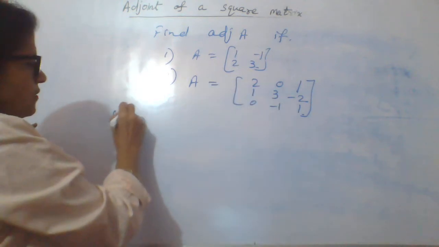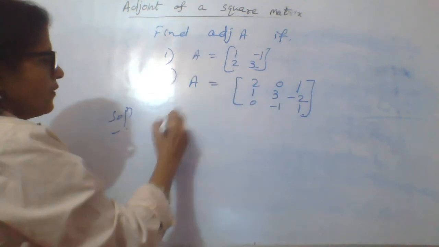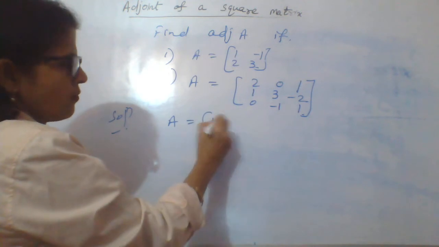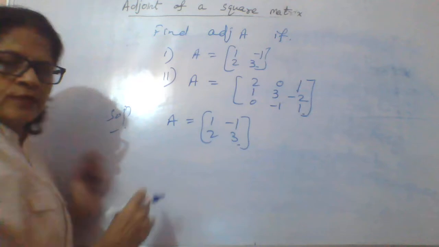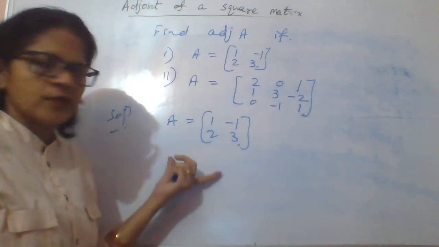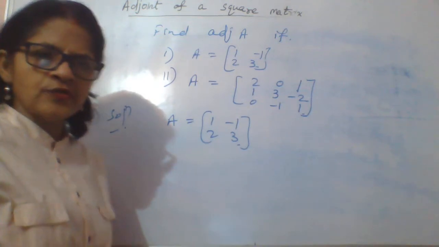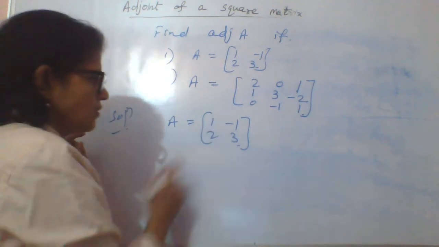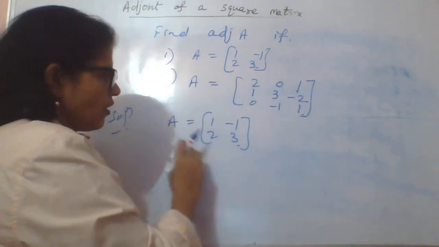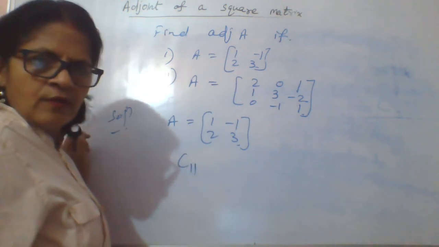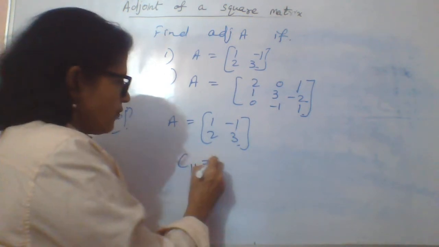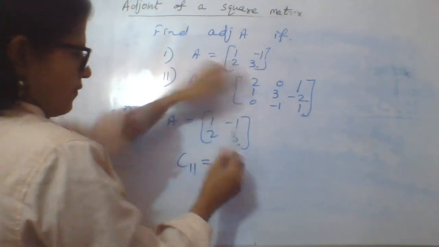The first case: we have A equal to 1, minus 1, 2, 3. As we know, the transpose of the cofactor matrix means the adjoint of that matrix. So before that, you have to find the cofactors. C11 is 3.